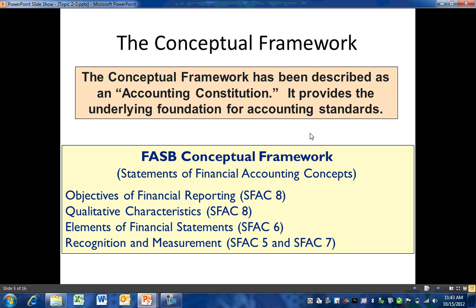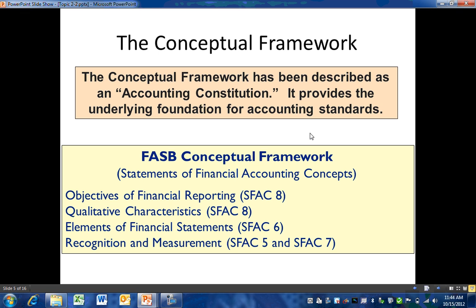Let's look at the conceptual framework. The conceptual framework forms the basis of GAAP. It's the foundation or constitution. Whenever FASB studies an accounting issue, any standard that they are going to pronounce must meet the framework that has been established.